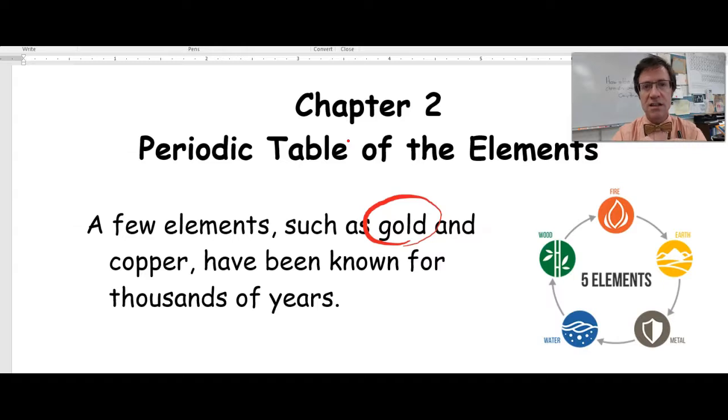Now, when I'm saying this, we should put it in our brains of ancient people who have never seen technology before, ever. These are still hunter-gatherer type people. And they find this really shiny thing, and in nature there are very, very few things that are actually really bright and shiny. Almost all the bright and shiny things that you and I come in contact with are man-made.